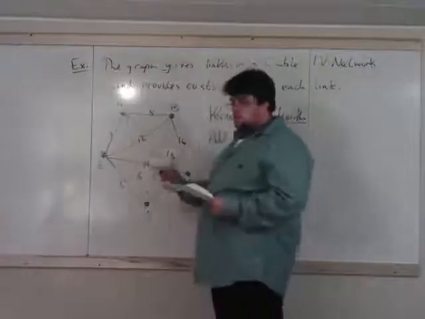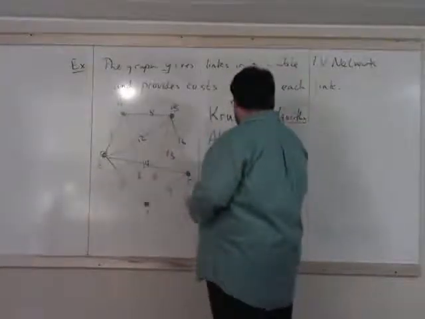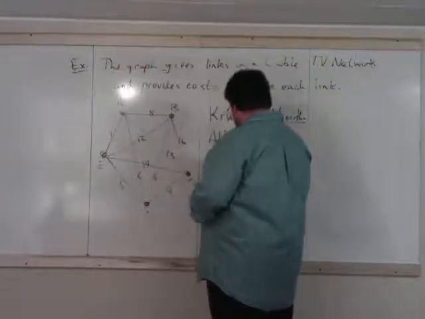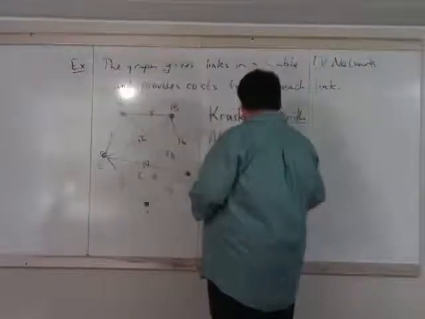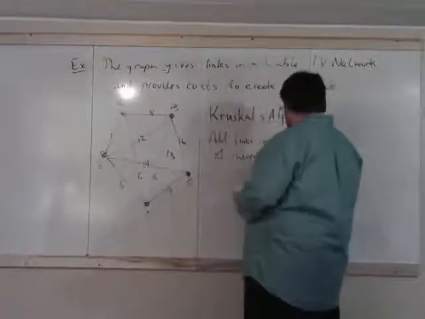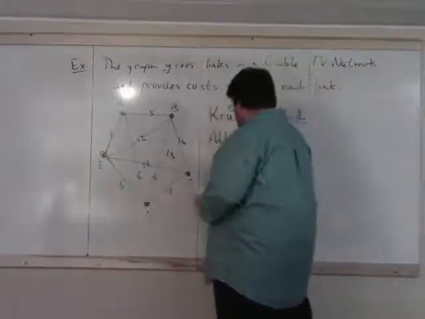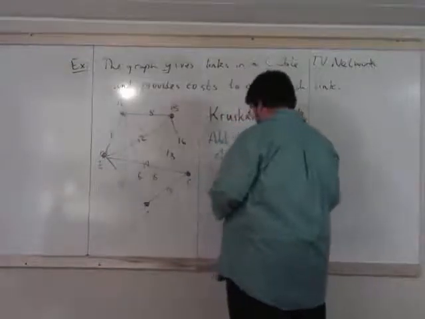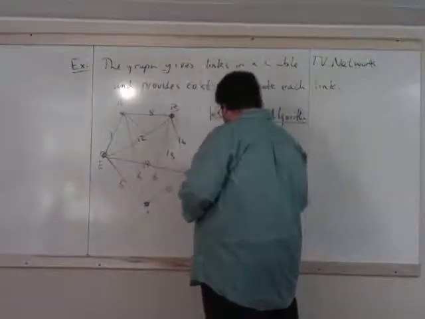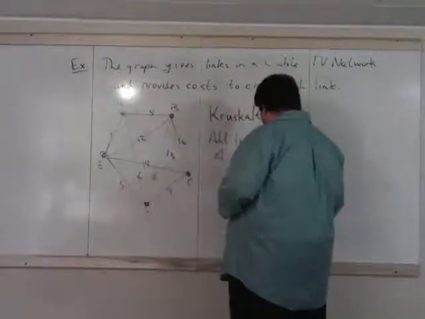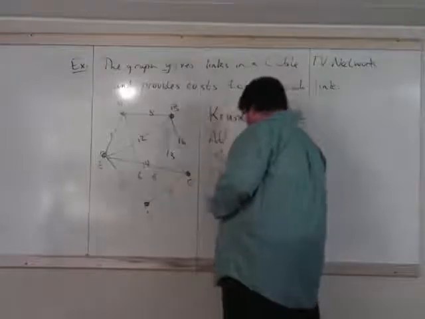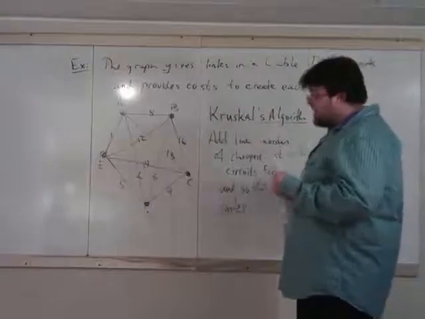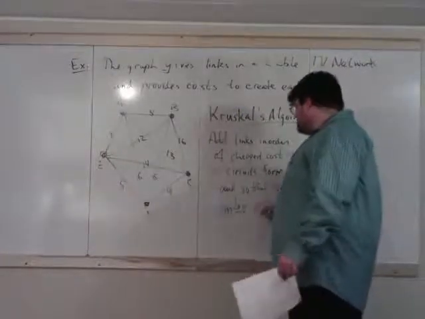So to find a spanning tree of minimum cost, add links in order of cheapest cost so that no circuits form and so that every vertex, the book says every vertex belongs to some link added. I'm just going to say so that every vertex is hit.